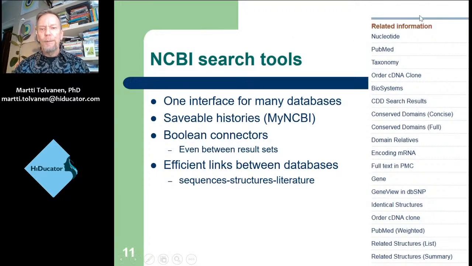This comes up when you are looking at a single protein entry. So then they will have links to nucleotide and PubMed. If you are looking at a nucleotide entry, there would be protein, PubMed, taxonomy, etc. So you have fuller access to cross links to other NCBI databases and sometimes even other databases.